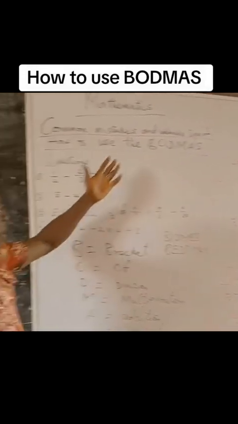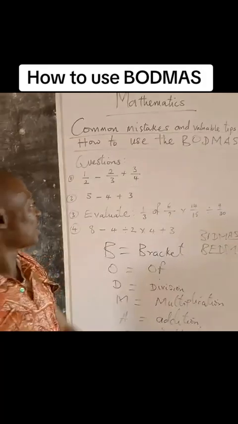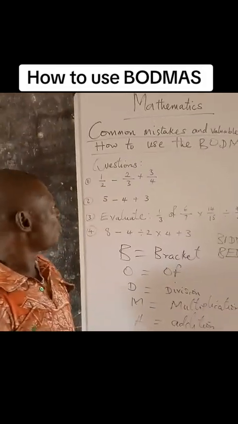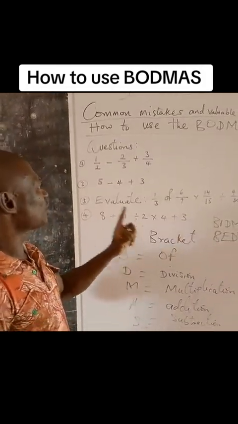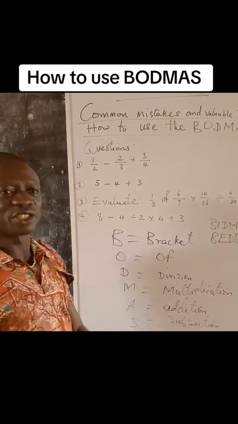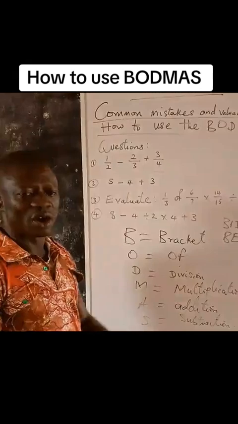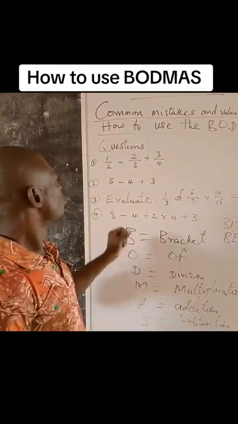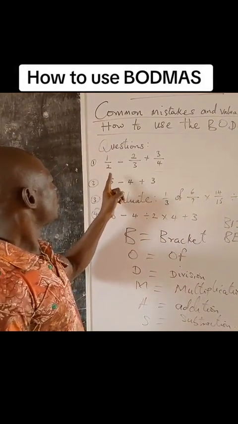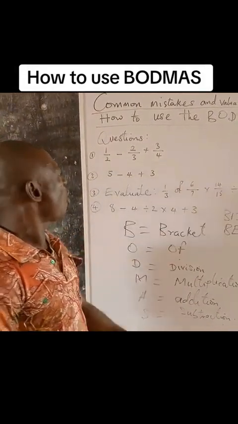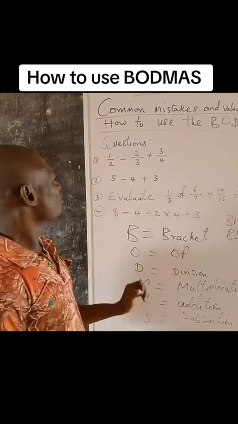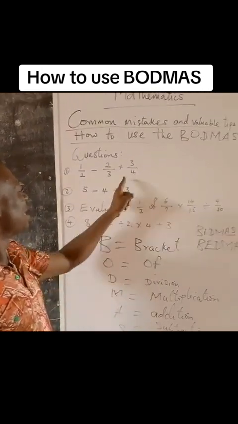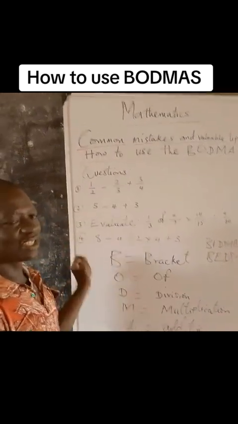What we can summarize now is that if you have only addition and subtraction in any calculation you are evaluating or simplifying, first you can combine them, or you add them based on bringing these positive numbers first.